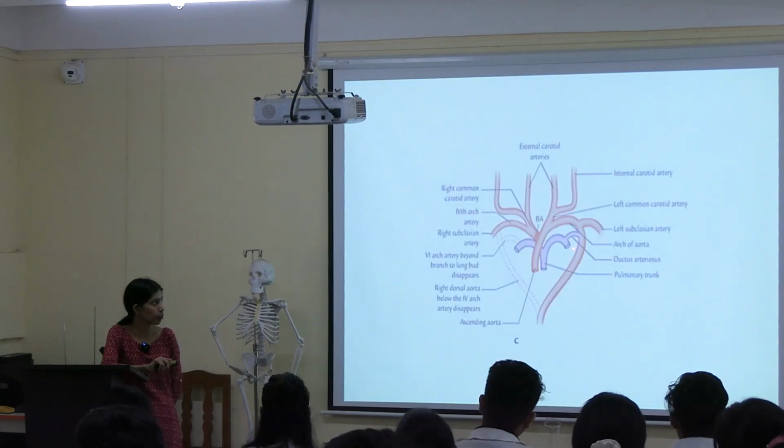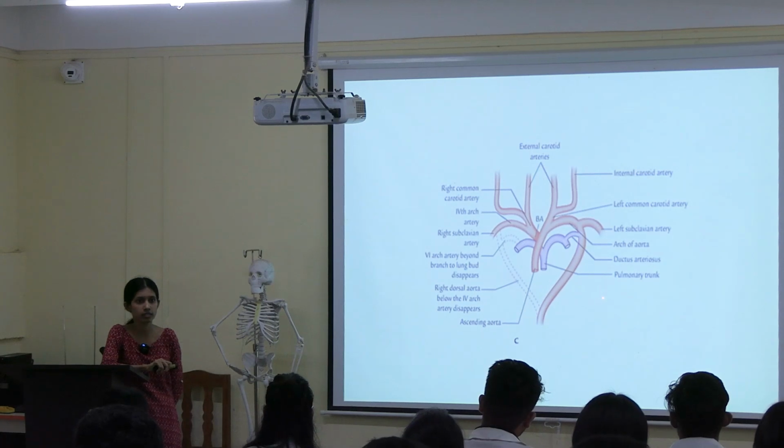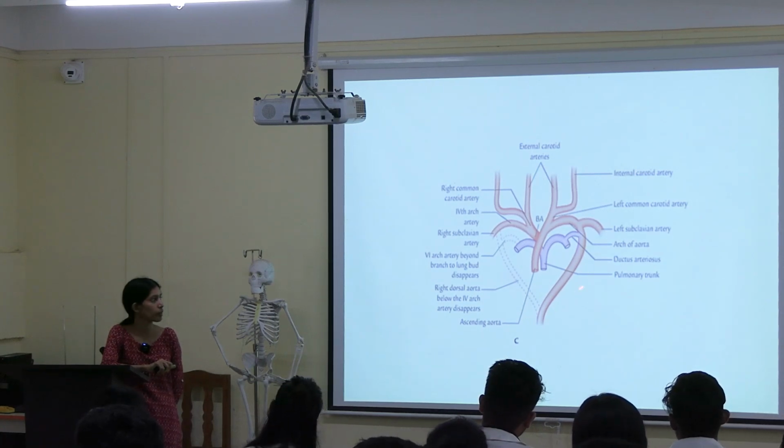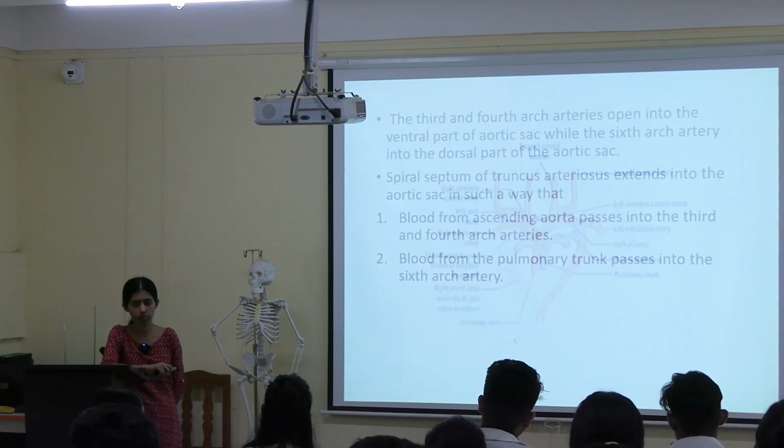Did we see any modification or any derivative from the dorsal aorta here? No, right? So, the rest of the body is supplied by the branches that are the derivatives that come from your dorsal aorta. Okay.